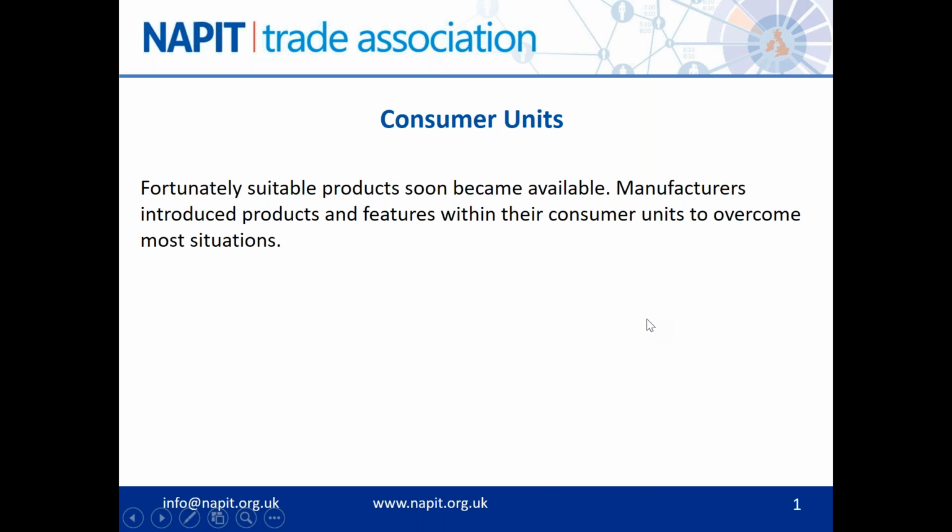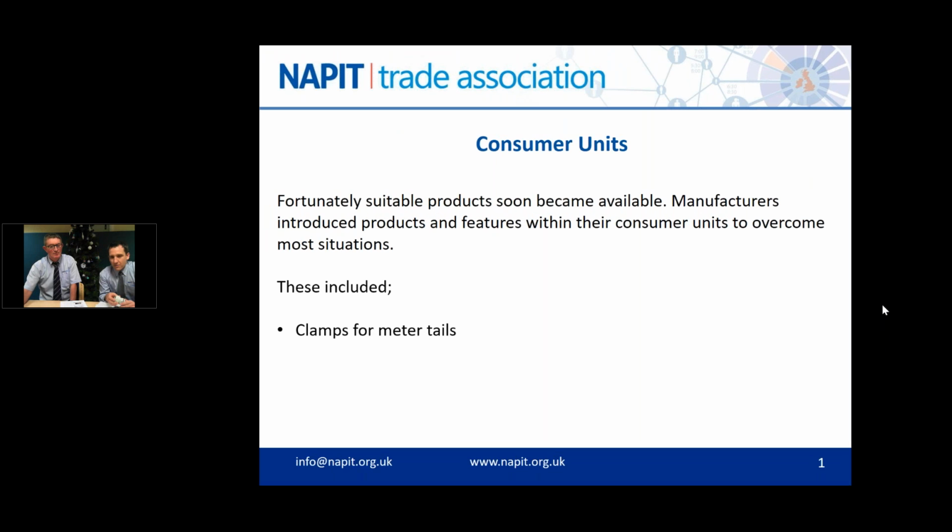Fortunately, suitable products have come to our aid and help us satisfy the new regulations. Some of these products include the clamps for meter tails to make sure they're nice and secure. For the steel enclosures, we've got these oversized stuffing glands now.